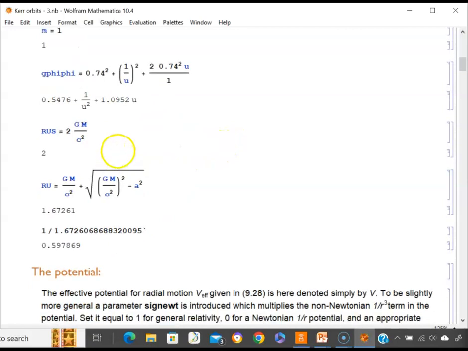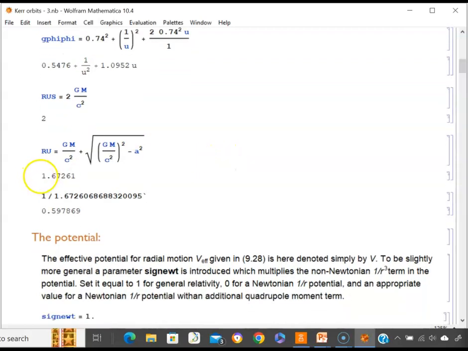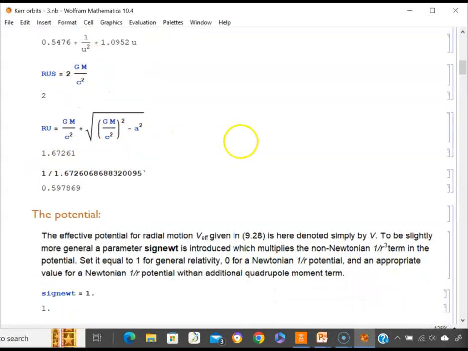Now, the stationary limit surface for a Kerr black hole is 2 GM on c squared, but the outer event horizon is GM on c squared plus the square root of (GM on c squared) squared minus a squared, where a is the angular momentum per unit mass, or the spin parameter, of the black hole. That event horizon is about 1.67 GM on c squared units.